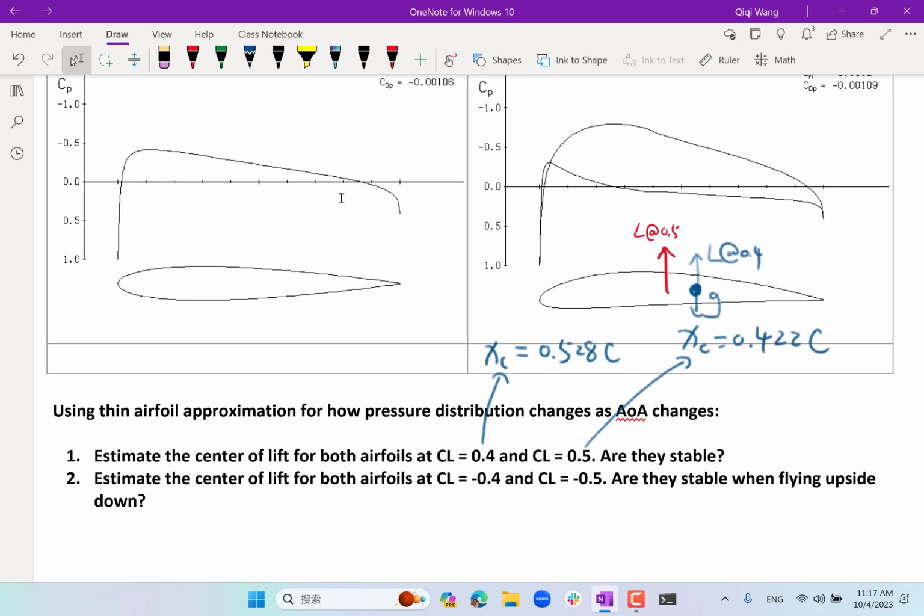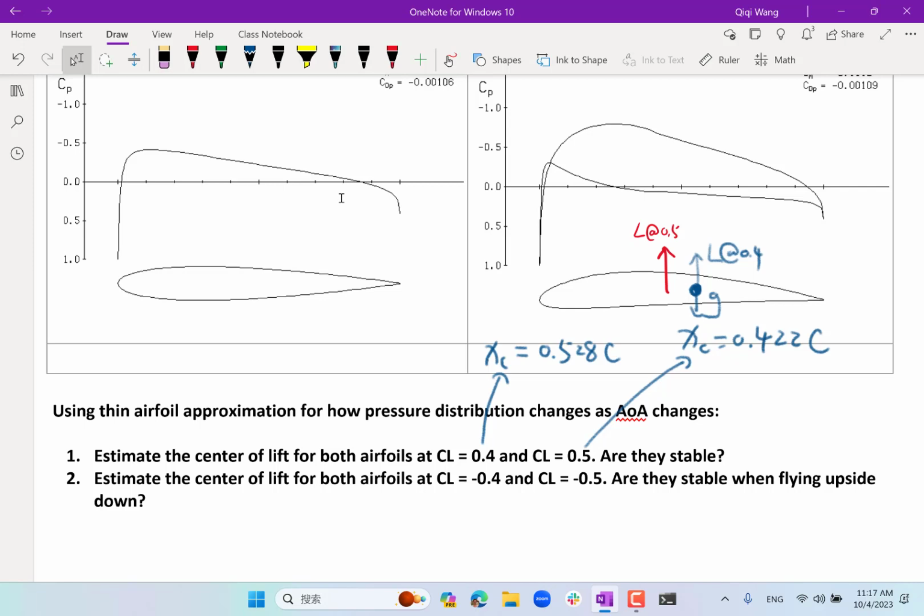How about the second question? Estimate the center of lift for both airfoils at CL minus 0.4 and minus 0.5. That's assuming the airplane is flying upside down. Now, are these airfoils stable? The first question is a non-question because, upside down or not, this is symmetric.